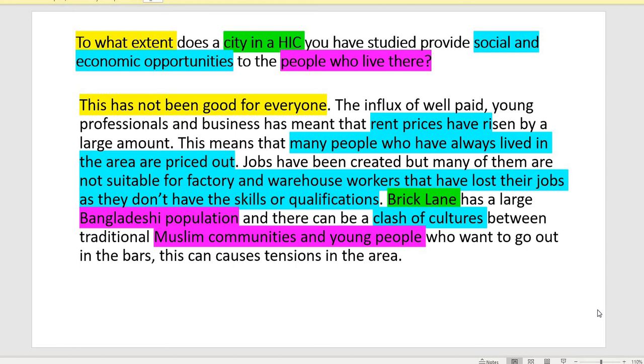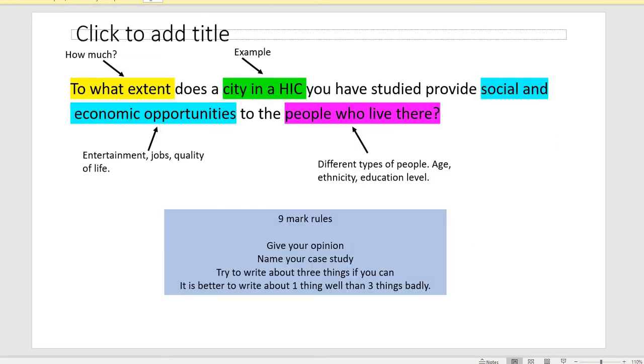Okay. So what I would like you to do now is, again, maybe read through the PowerPoint, read through my answer. There's a copy of it in files and class materials on Teams. And then I would like you to have a go at simply writing your own answer to the question. Maybe have this screen in front of you and have a go at answering it without looking back at mine.